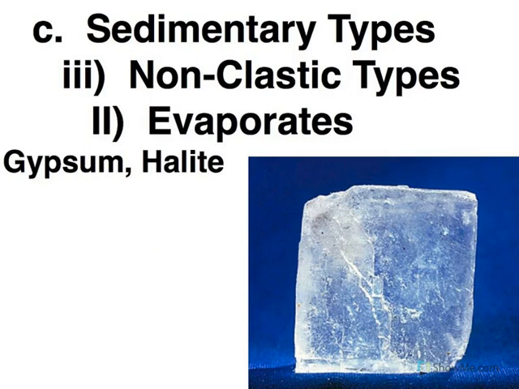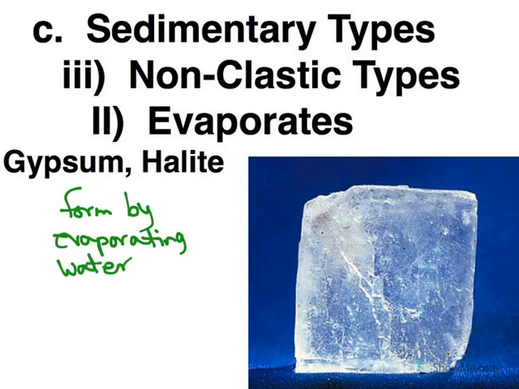Evaporites, as the name implies, these form by evaporating water. And you notice the two listed here, gypsum and halite, we also had in our list as minerals. But now we have dissolved the minerals and then evaporated the water.